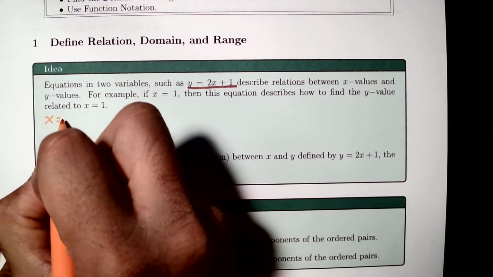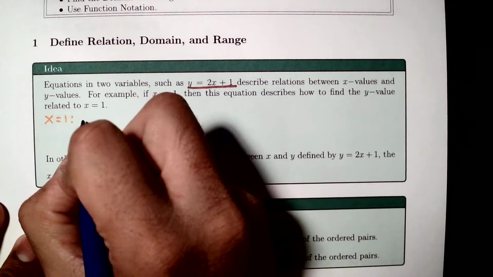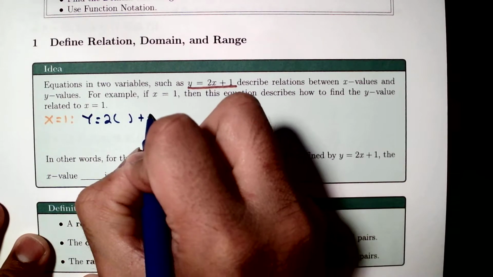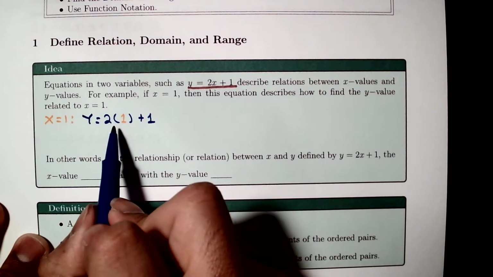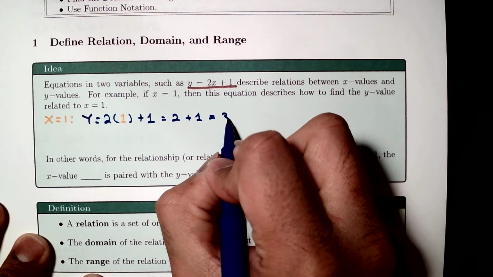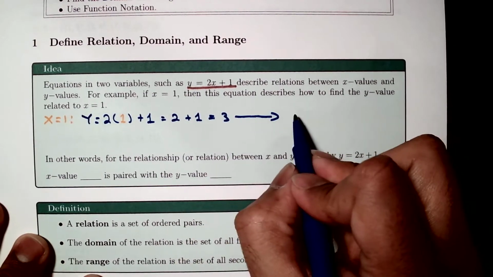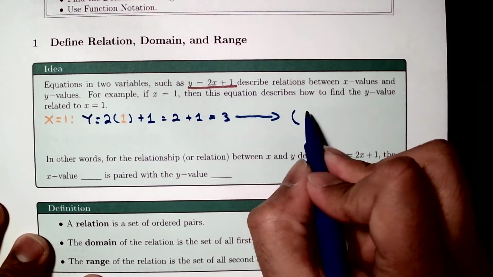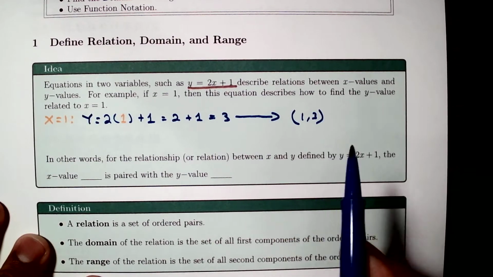Well, x equals 1, so we are going to have y equals 2 times 1 plus 1. If we simplify, we obtain 2 times 1, which is 2, plus 1, which is 3. And this means that the point that lives in the graph of this equation is the point (1, 3). This is nothing new from what we did earlier.